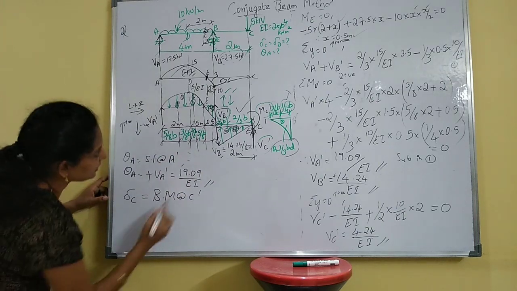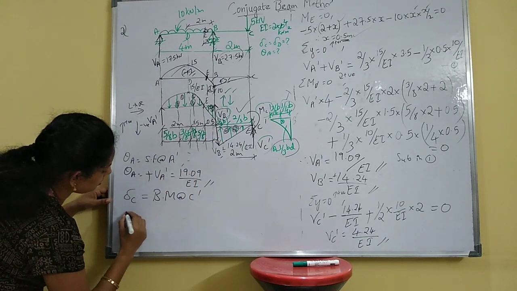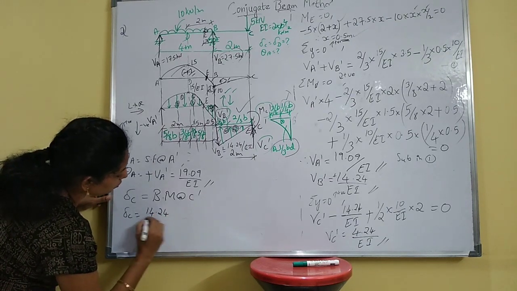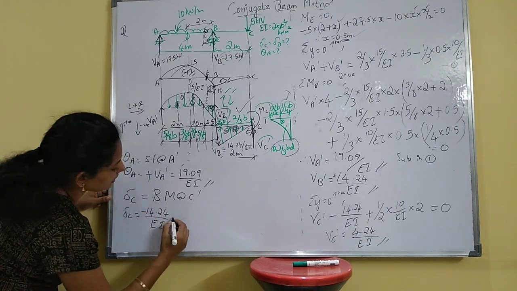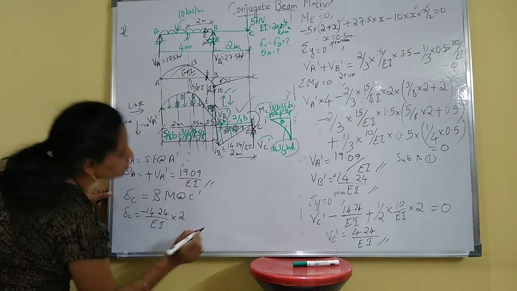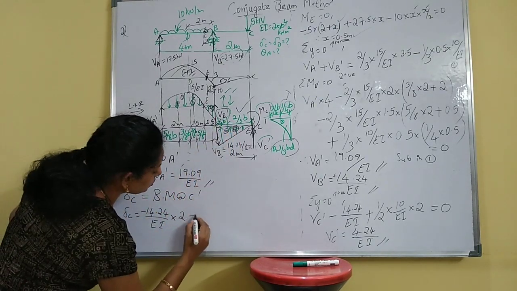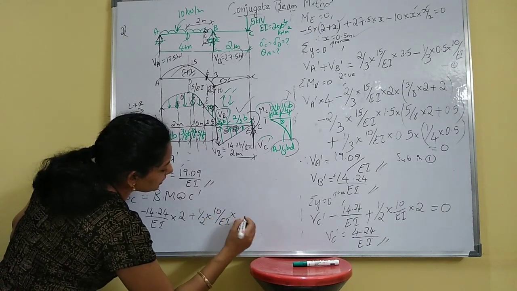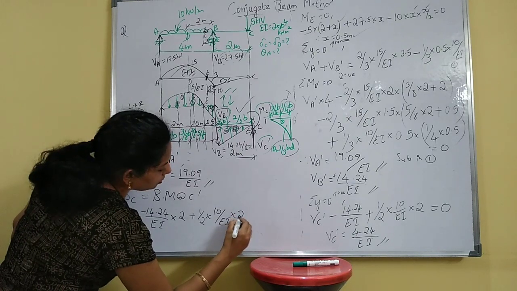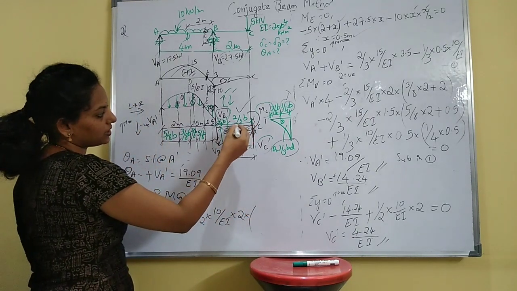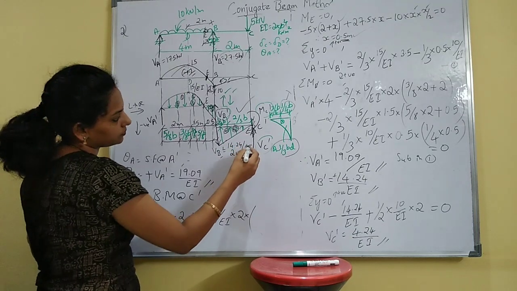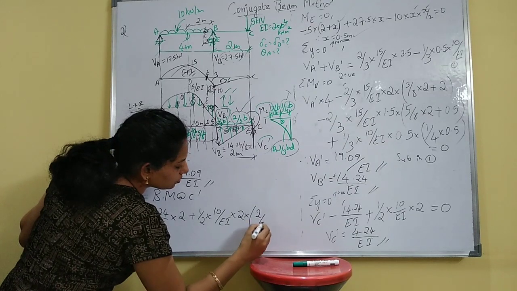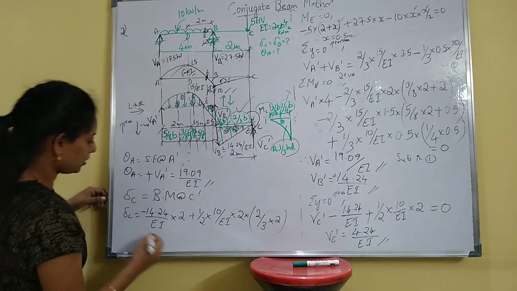So bending moment at C dash, so this is downward, VB dash is downward, so 14.24 by EI, that is minus, into distance is 2, then this is upward, so plus, half into base into height, half into 10 by EI into 2, and perpendicular distance up to C dash, that is nothing but 2/3 of D, so 2/3 of 2 meter.